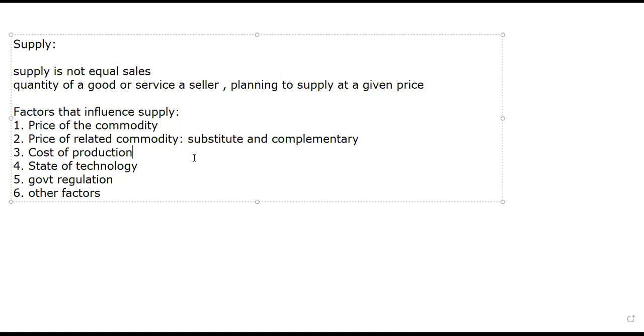Will you be interested to go for your work? No, ma'am. What if your salary is being cut for that day if you're not going to your branch? Then I will go, ma'am. Definitely you go, right? So is demand influencing your supply?